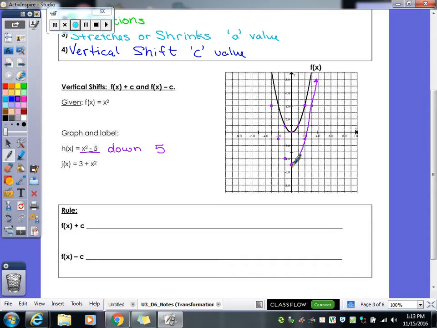So once you have your points, you connect them. And I'm going to label that as h of x. You always need to at least label it with which function it is. The f function, the h function, g function, whatever letter they're using.